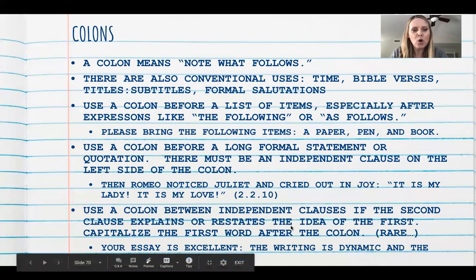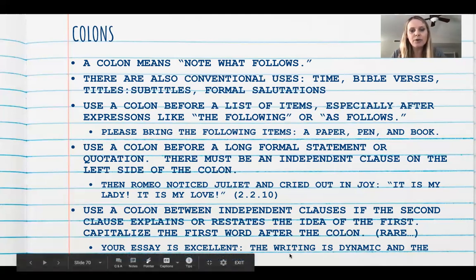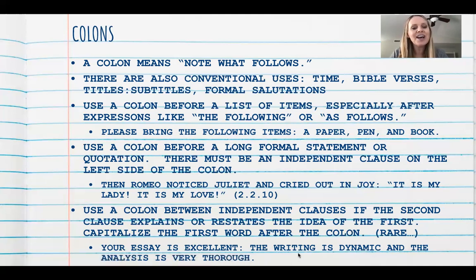Lastly, last rule for colons. When you have two independent clauses and the second is kind of an explanation of the first or evidence of the first, and they're both independent, you can use a colon for the one to introduce the other. "Your essay is excellent: the writing is dynamic and the analysis is very thorough."